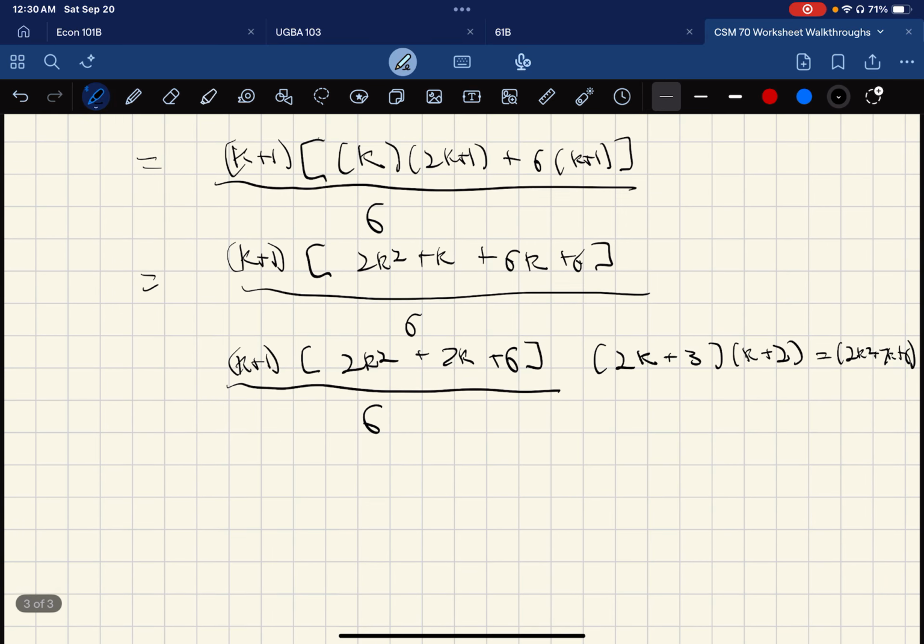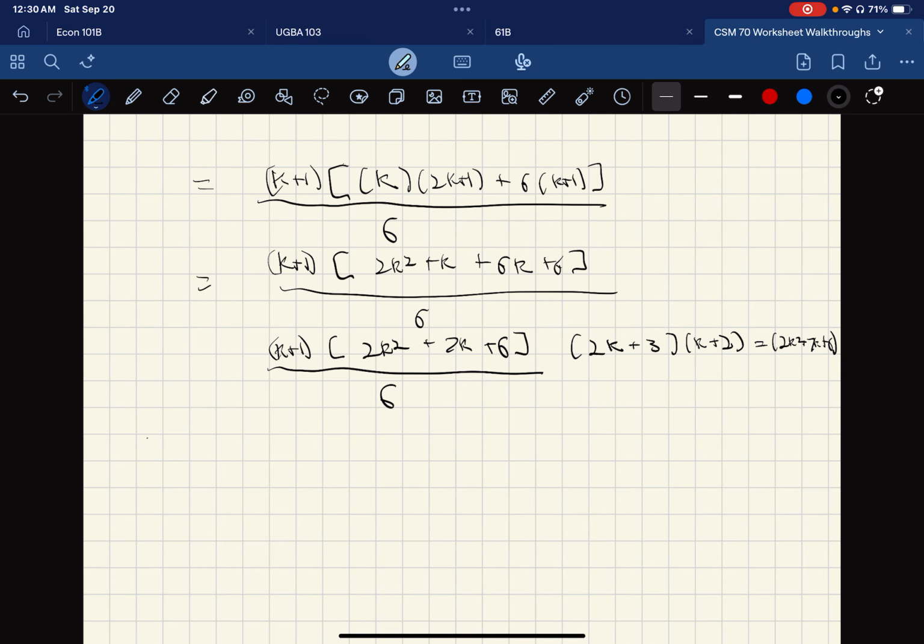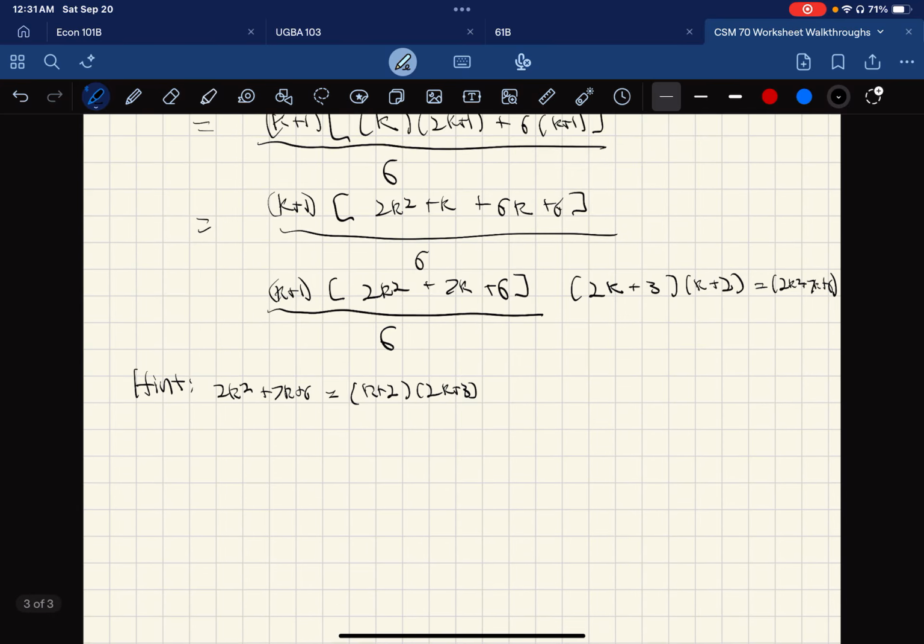But we didn't really even need to do that factoring, because in the problem they gave us a hint: 2k squared plus 7k plus 6 is equal to 2k plus 3 times k plus 2. So they told us those are its factors.